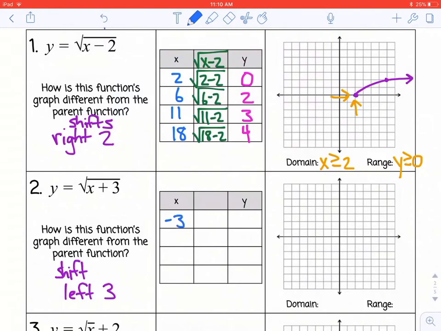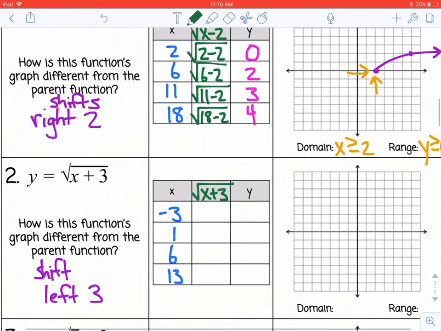And then let's pick out some points that would help us to graph this easily. So I've already decided that -3, 1, 6, and 13 would help me to have some easy numbers to fill in. And you'll see why when we fill them in just a second. So we're going to put them into the square root of x plus 3.